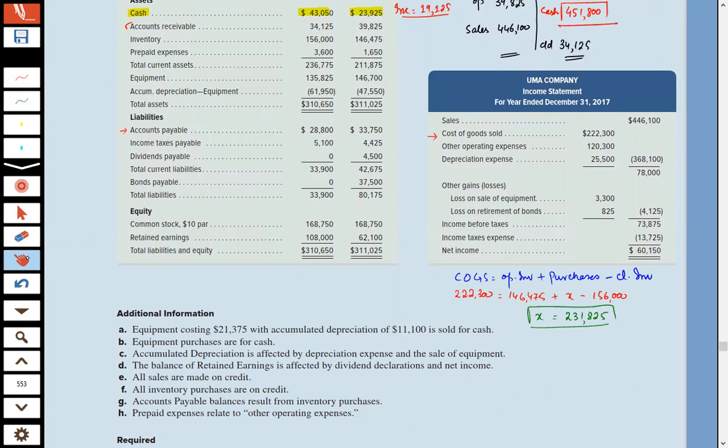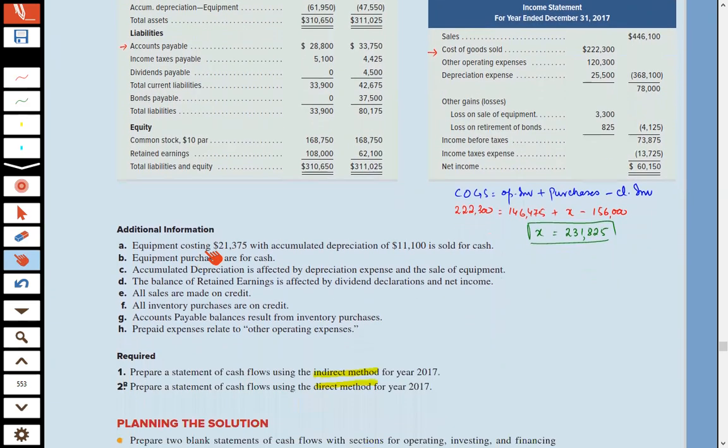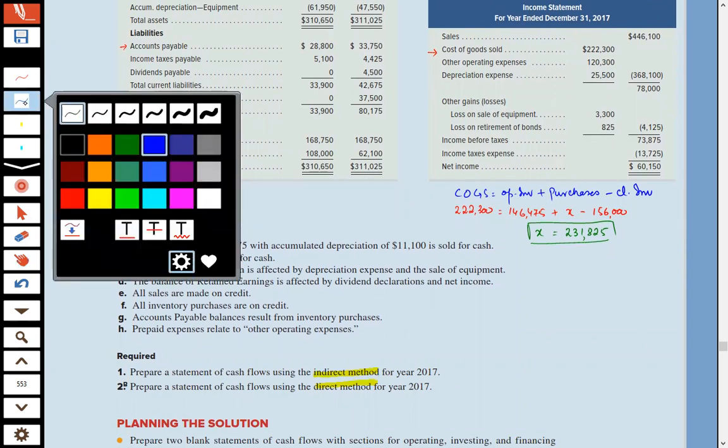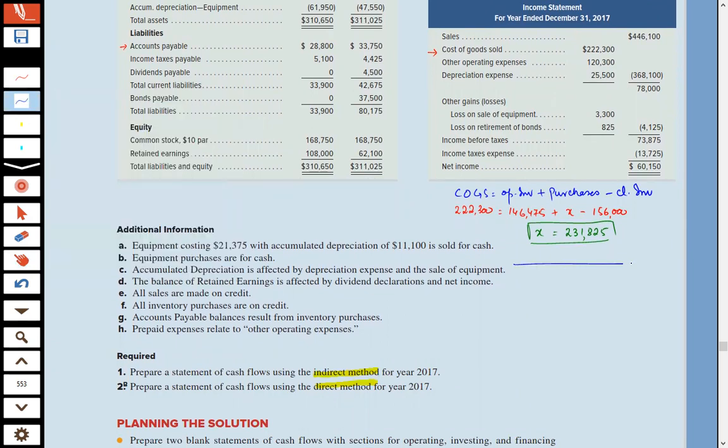Now we will make the T account of purchases. Accounts payable, opening 33,750, closing 28,800.